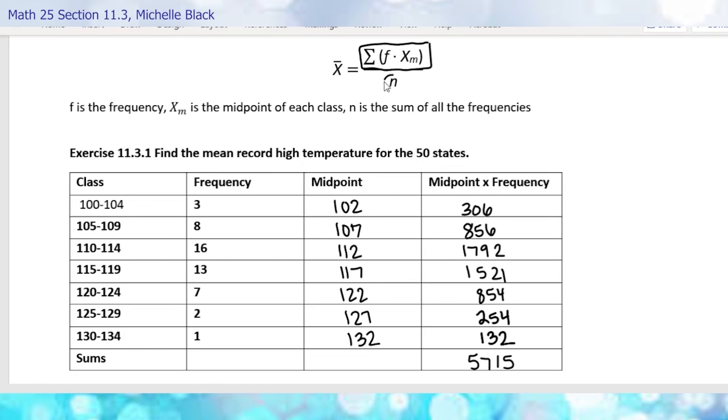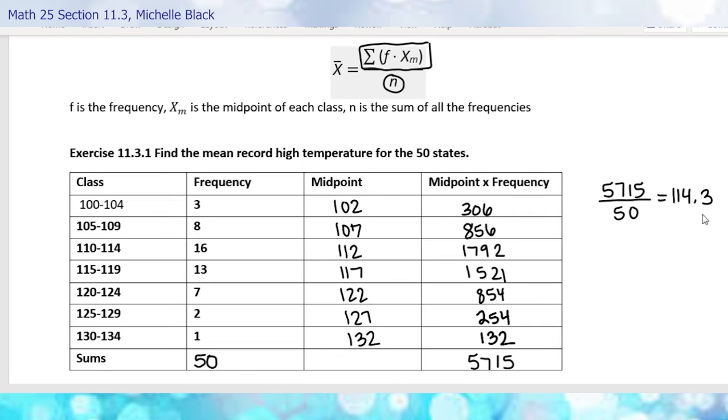But now we need to divide it by the total number of frequencies, which we can get by adding up this column. So let's take 5,715 and divide that by 50, and this gives back 114.3. So what does this number represent?